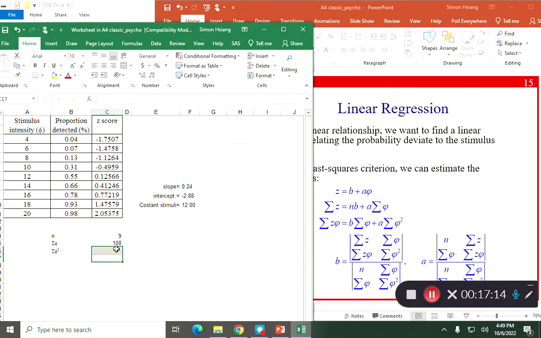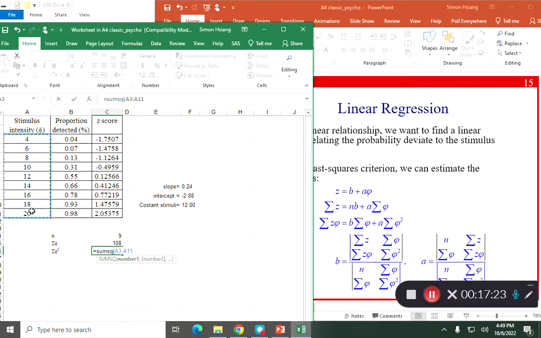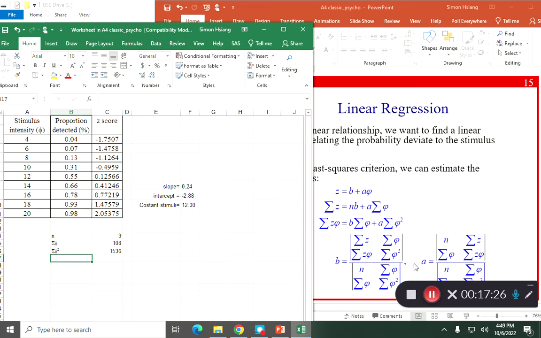Okay, so that should equal the sum of squares of my physical stimulus. And then I need to have summation z phi. Okay, so z phi or phi z, that's fine. Oh, let me do it this way.